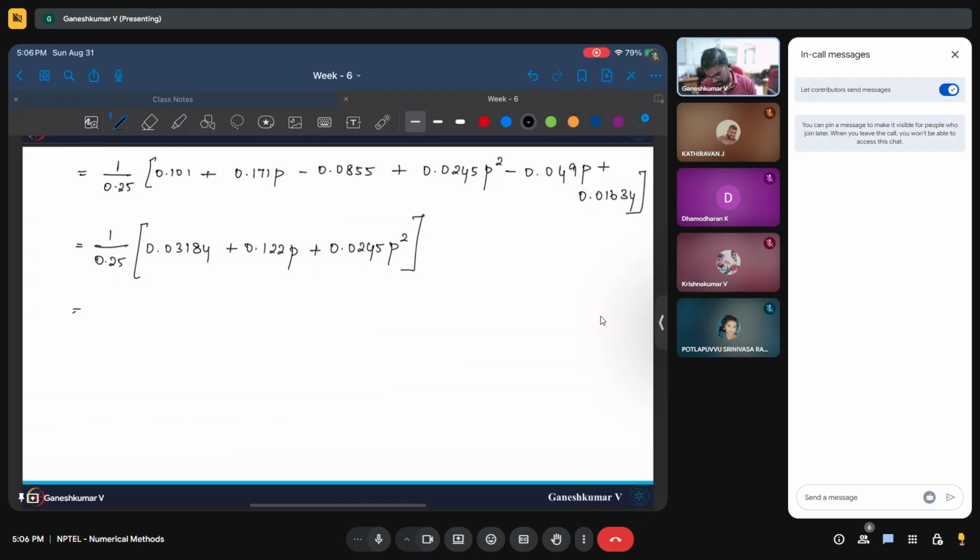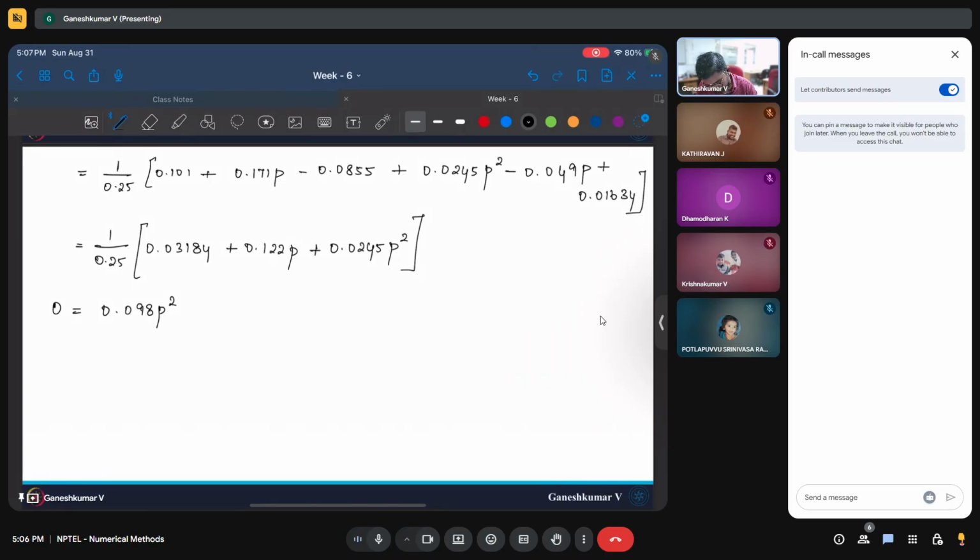Okay. If you simplify this, what will happen? 0.0245 divided by 0.25, 0.098 p square. So this is 0.98 p square.